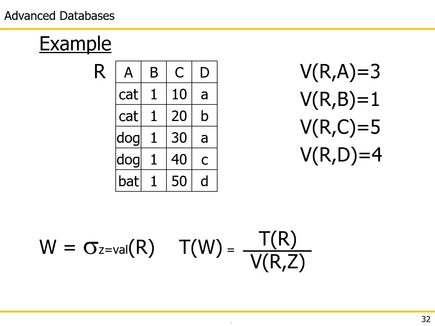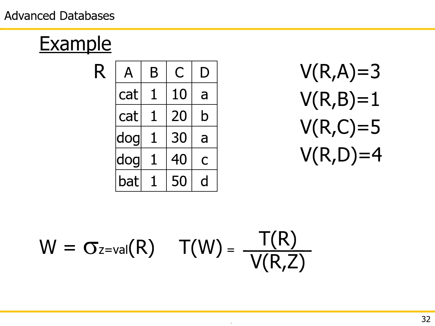I'm going to use the following formula to get an estimate of the number of rows in my result set for this exact value selection. It's going to be 1 over V(R, Z). So if Z here is on A, that's going to be 1 over 3. I'm assuming that what I'm looking for does exist.